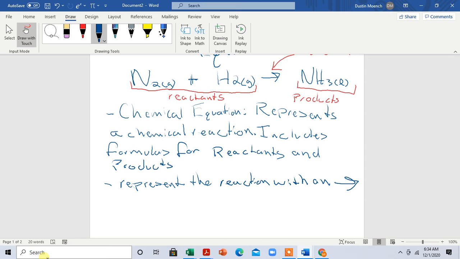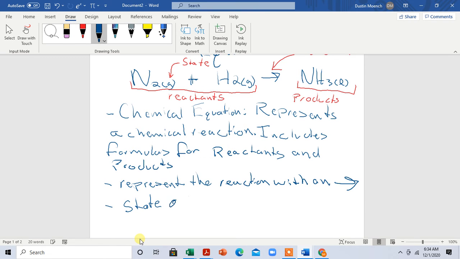Another thing you might notice is that, in little parentheses, we have the state of matter of each of the reactants and the products.